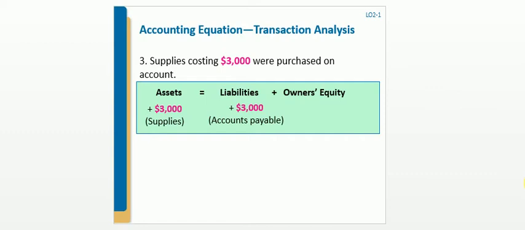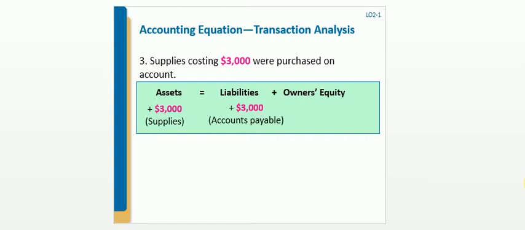So assets increase, because supplies purchased will increase the size of your assets. So again you will record 3,000 under the head supplies, and your liability was also increased just because you are not going to pay the cash on the spot. You will pay this $3,000 at some later future date.